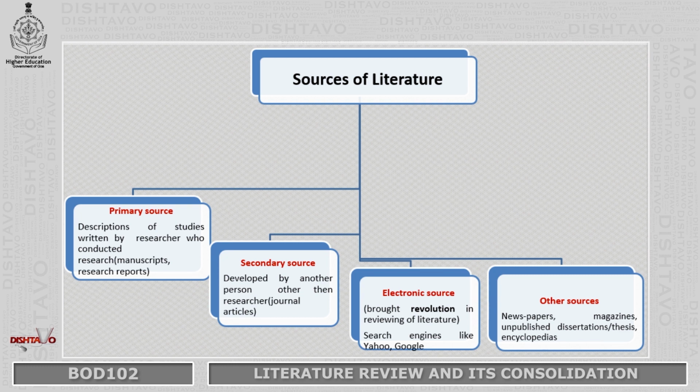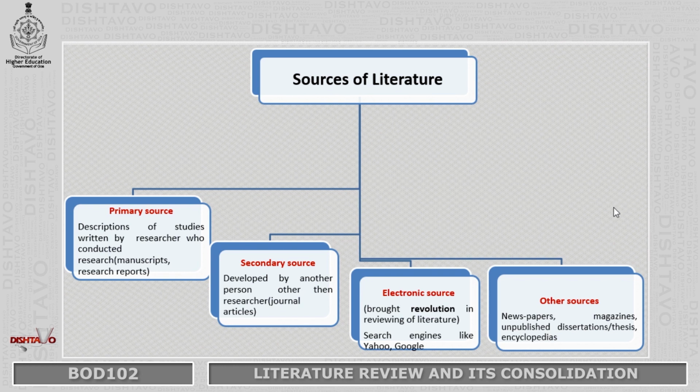These are the descriptions of studies written by the researcher who conducted the research. Examples are manuscripts or research reports. The secondary sources are developed by another person other than the researcher. For example, journal articles.